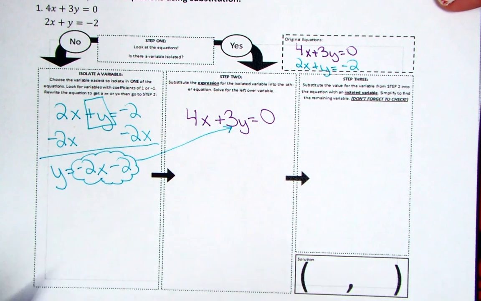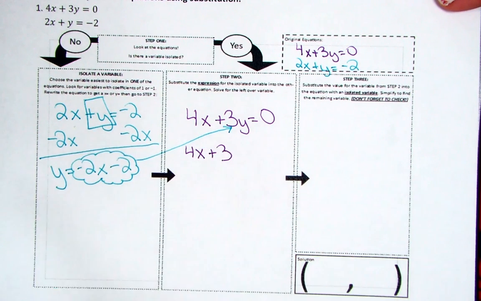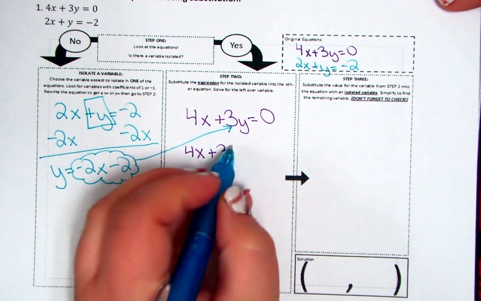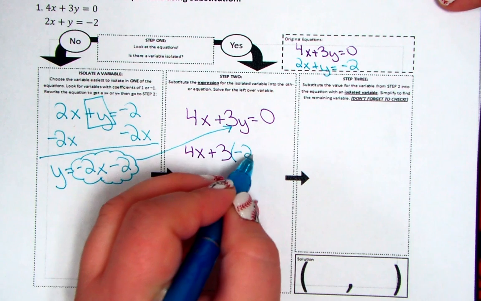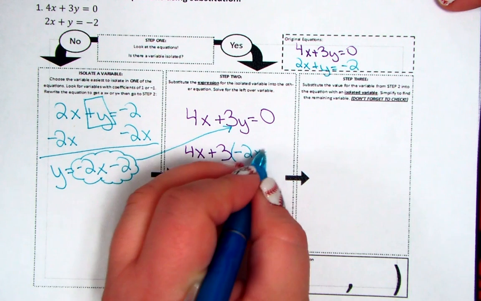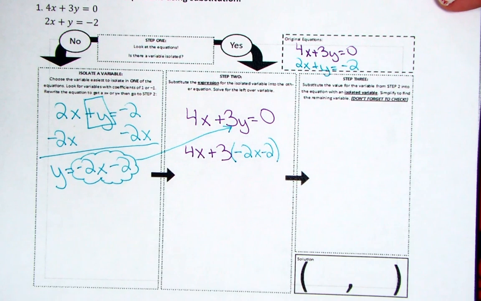So we have 4x plus 3 times, and remember we're using parentheses, negative 2x minus 2, and it equals 0.